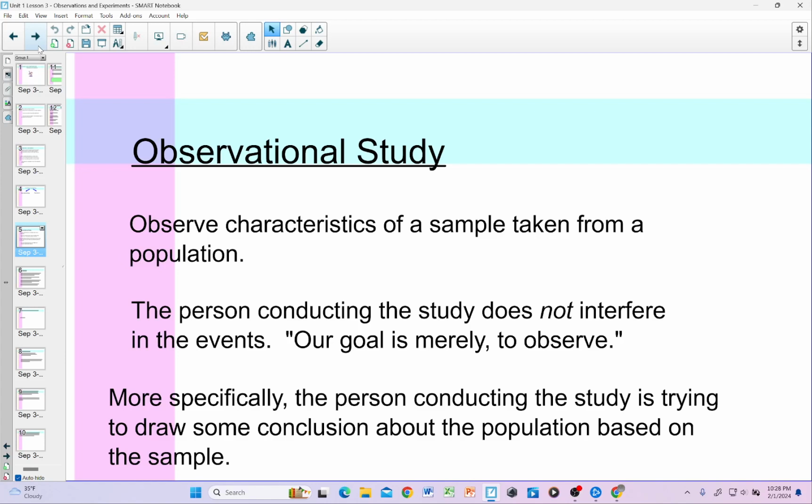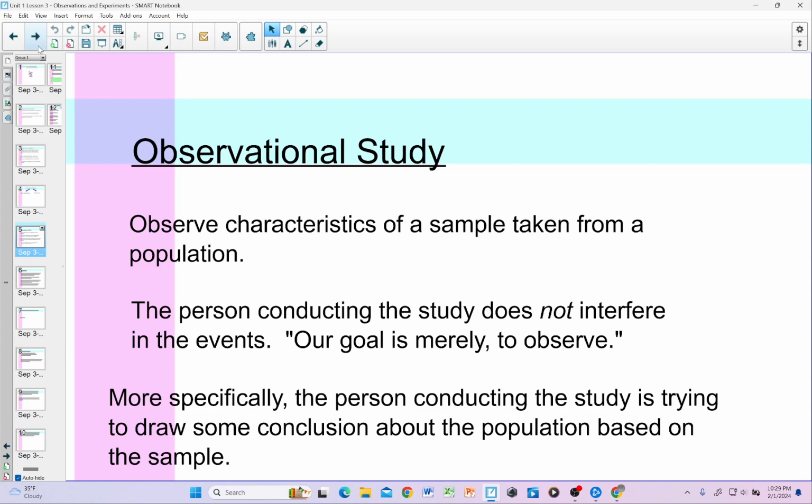No, we can't. That's impossible, to get to everybody. So instead, we have to rely on a sample. And if the sample is taken with enough care, there are ways for us to be relatively assured that what's happening in the sample is based on what's happening in the population.